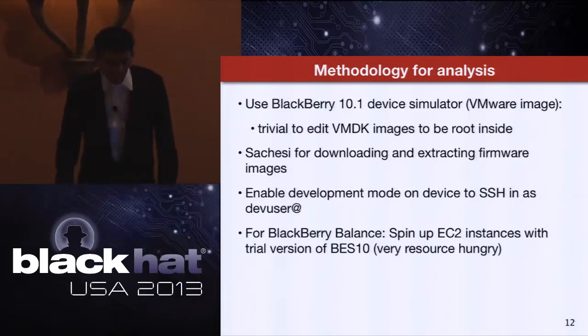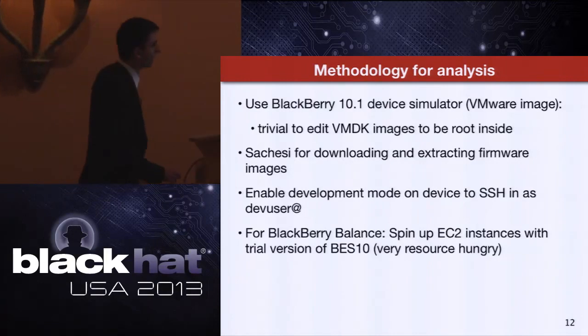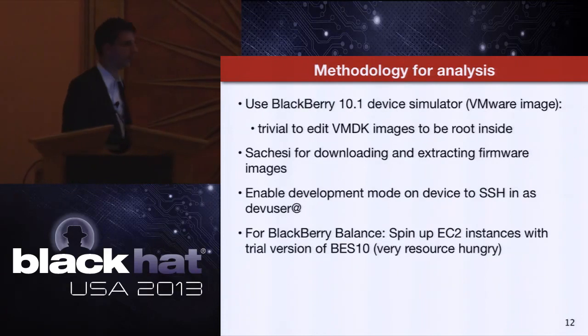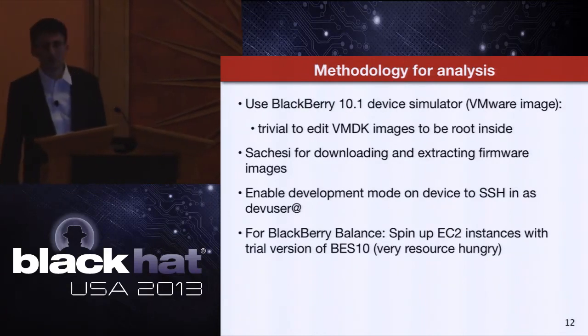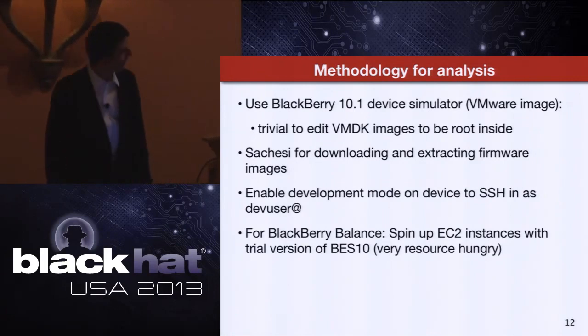Then there is, so this tool didn't exist when I started, but now there is a tool called Sachesi, I think that's how it's pronounced, by some CrackBerry forum member, xSacha.